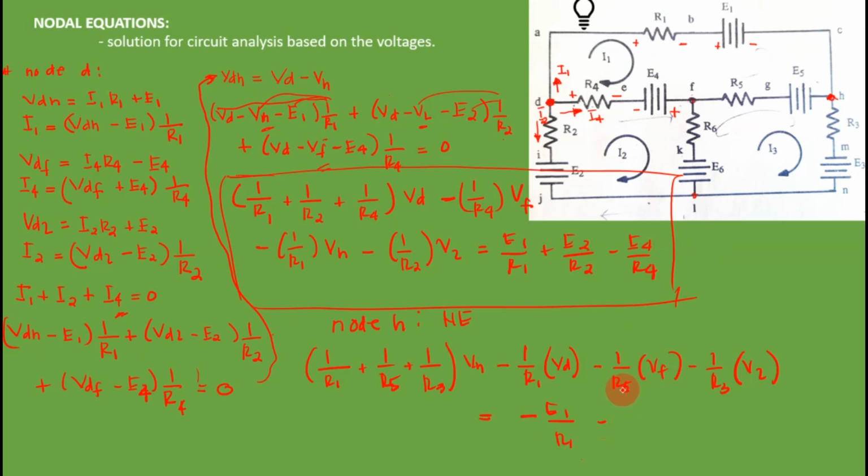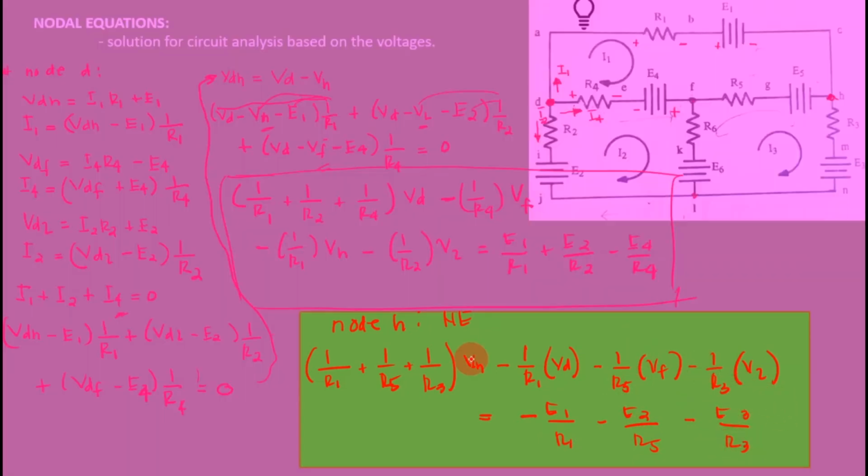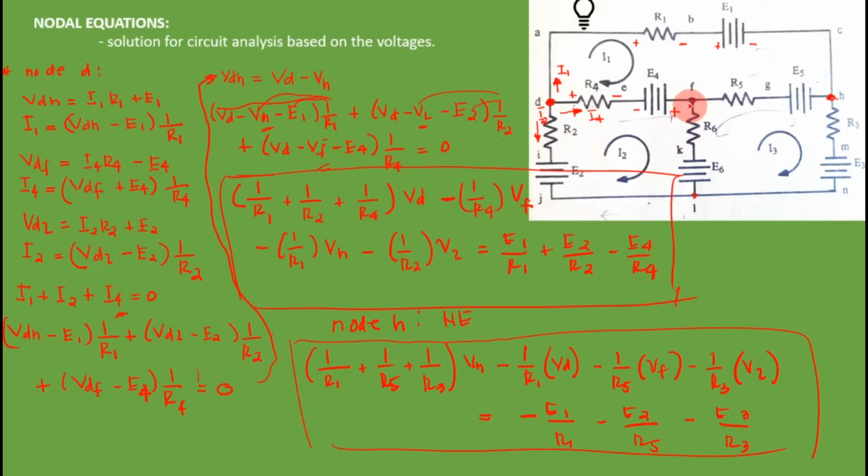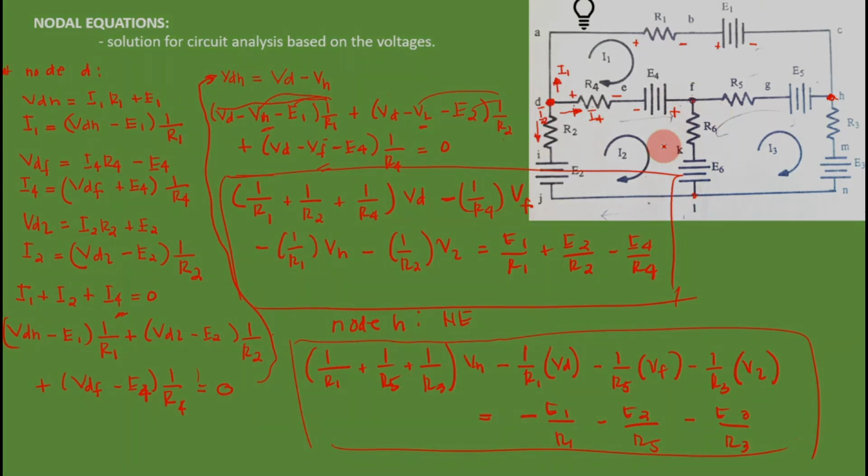You have E2, and the resistance there is R5, and another one is negative also, that is E3 over R3. Okay, so this is now the nodal equation at node H. You get the other nodal equations from node F and also L if you want. Okay, so this is all about nodal equations. Thank you.